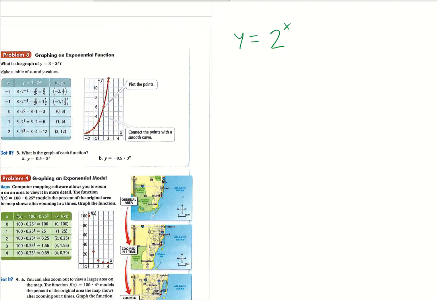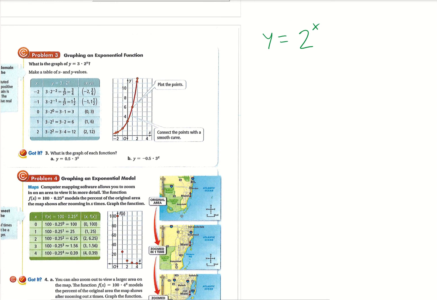That's an exponential function. Pretty simple one, okay? If I was to graph this, you just want to plug in your x's and y's. I'm going to do 0, 1, 2, 3, okay?